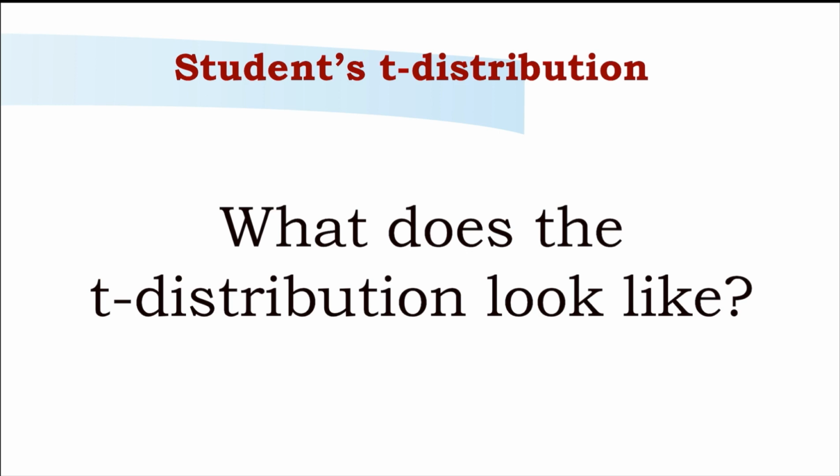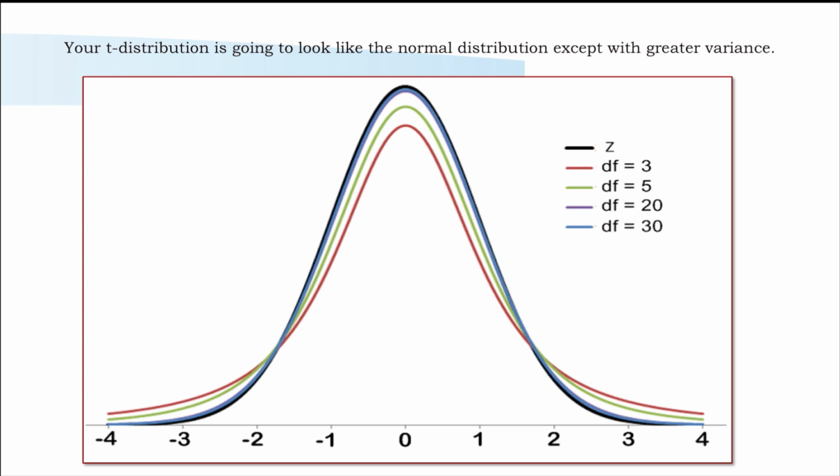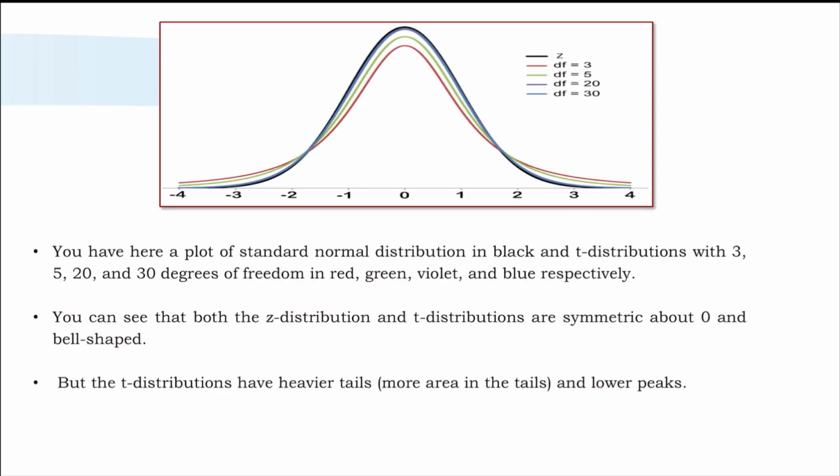What does the t-distribution look like? Your t distribution is going to look like the normal distribution except with greater variance. You have here a plot of the standard normal distribution in black and t distribution with 3, 5, 20, and 30 degrees of freedom in red, green, violet, and blue respectively.